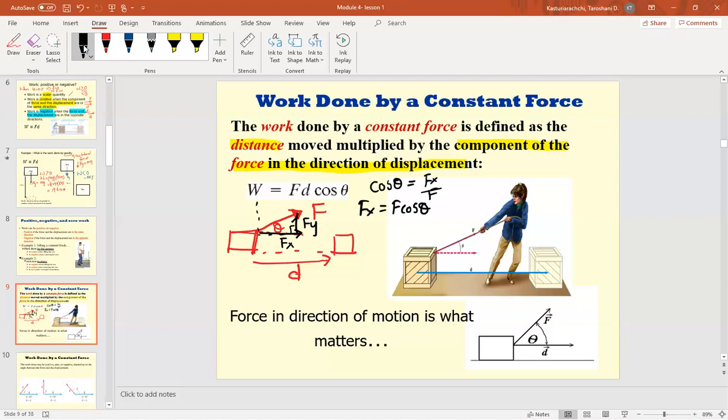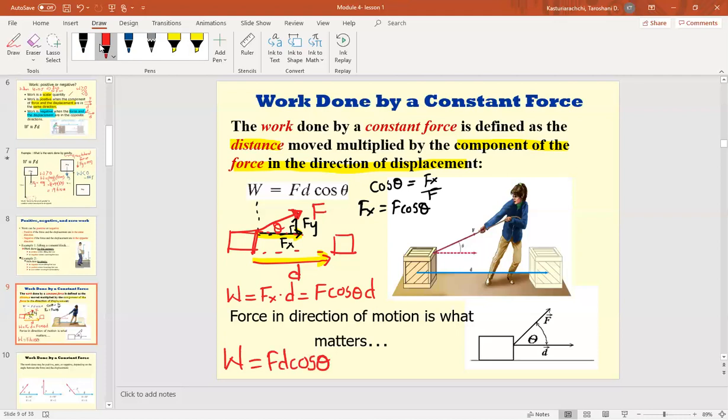That solves my problem. Now if I look at my Fx and this displacement, both are parallel. Therefore, I can write my work done as Fx times D, that is F cosine theta times D, or I can write this as F d cosine theta.